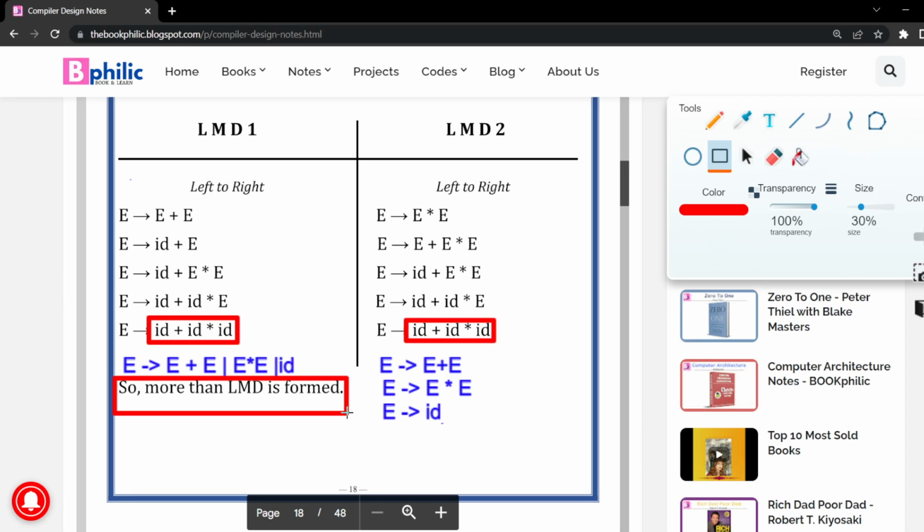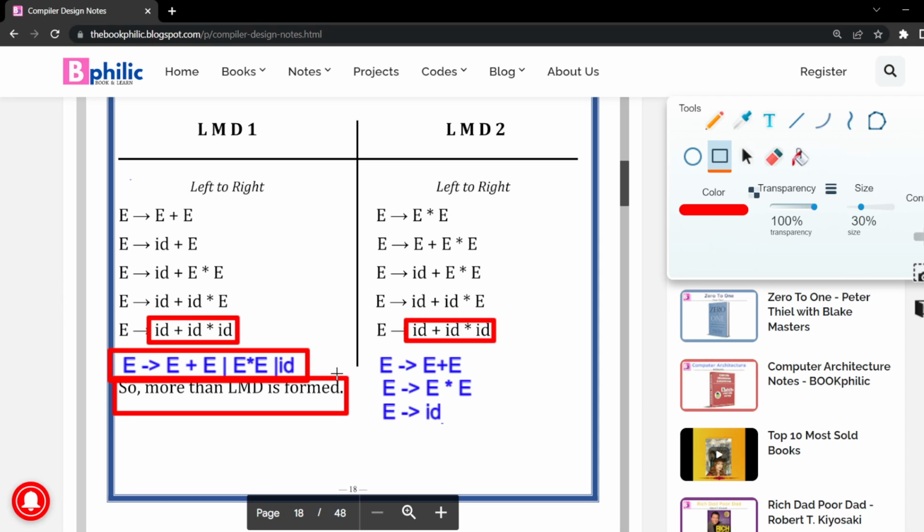So in our college examination, this is mostly asked: you will be given a production rule. Suppose E derives capital E plus capital E, or capital E star capital E, or id. This is the given production rule in your examination, and you will be asked to check whether the given grammar is ambiguous or not.